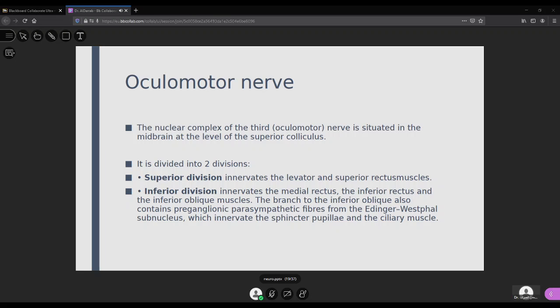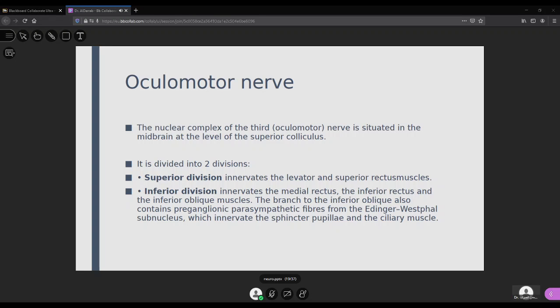Now, the nuclear complex of the third oculomotor nerve is situated in the midbrain at the level of the superior colliculus. It's divided into two divisions: a superior division, which innervates the levator and superior rectus muscles, and an inferior division, which innervates the medial rectus, inferior rectus, and inferior oblique muscles.